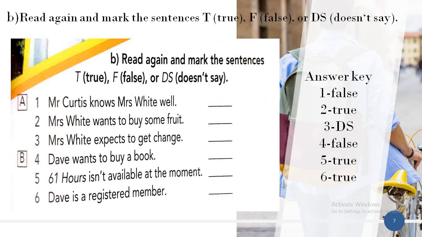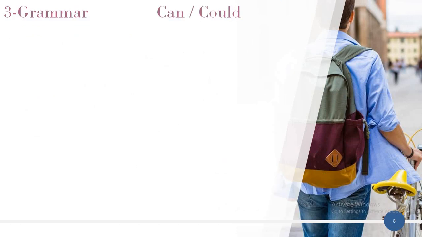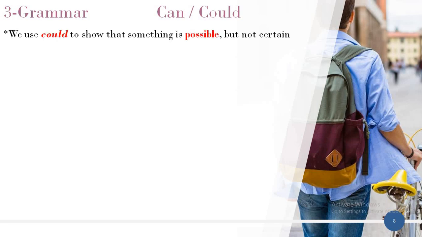Now prepare yourself to go to the second lesson of the day, which is grammar. Today we are going to study can and could. We use could to show that something is possible, but not certain.